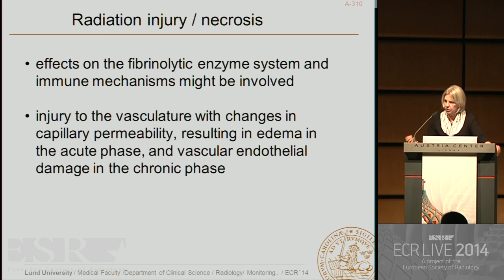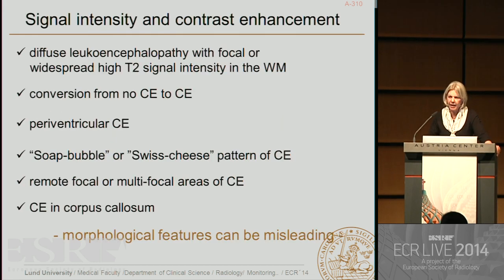And there's an injury to the vasculature with changes in the capillary permeability, resulting in edema in the acute phase, and then you will have more vascular endothelial damage in the more chronic phase. The signal abnormalities that you could see in patients with radiation injury is quite diffuse. You could have anything from contrast enhancement increase to conversion from non-contrast enhancement to contrast enhancing areas.